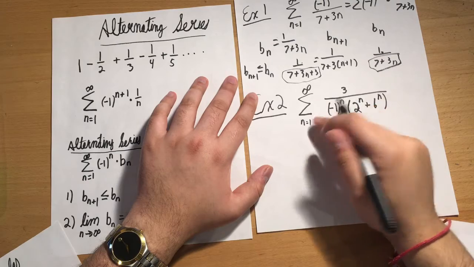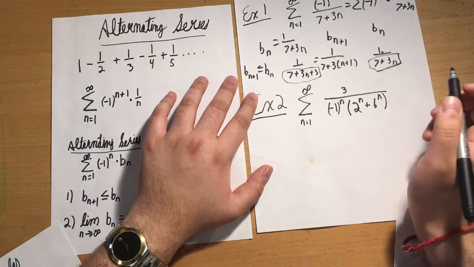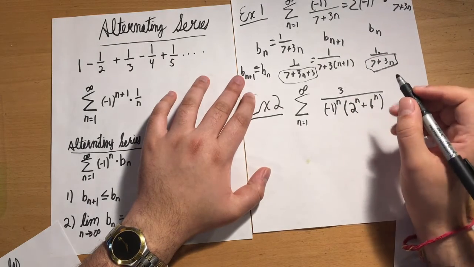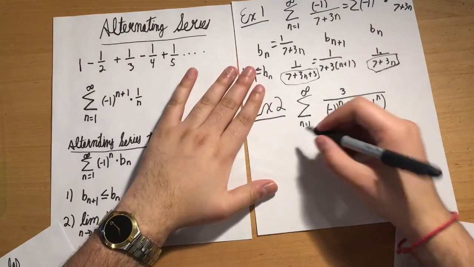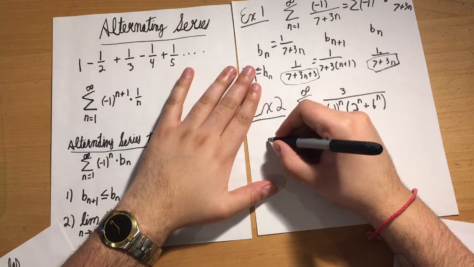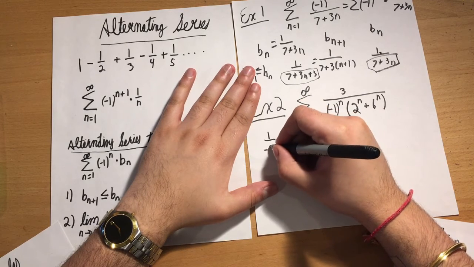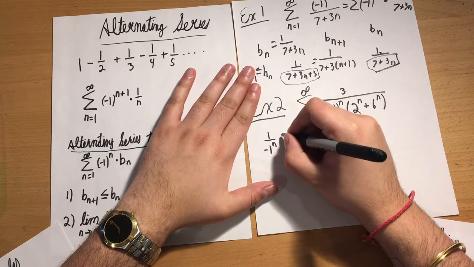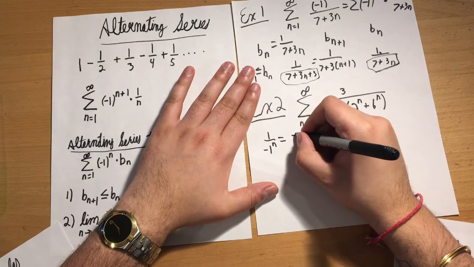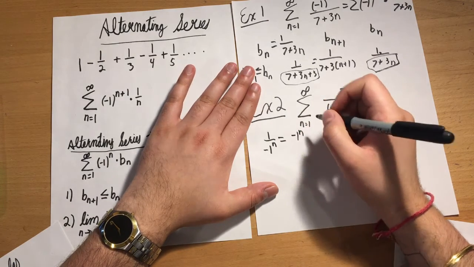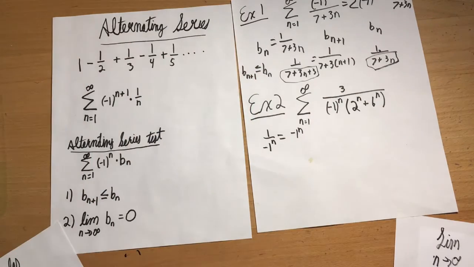So all I do is I take out the negative 1, and it ends up being 1 over negative 1 to the n that I take out. But I think it's kind of trivial to show 1 over negative 1 to the n is going to end up being the same thing as negative 1 to the n. You can convince yourself of this by writing out a few terms.